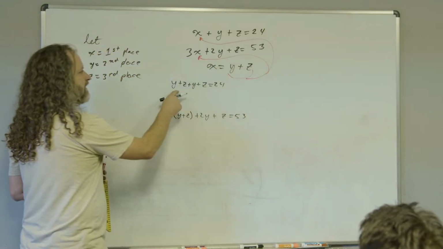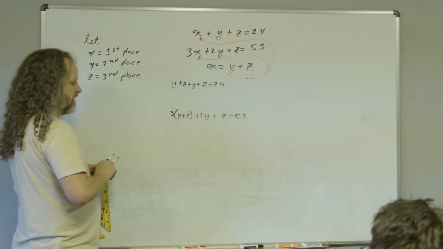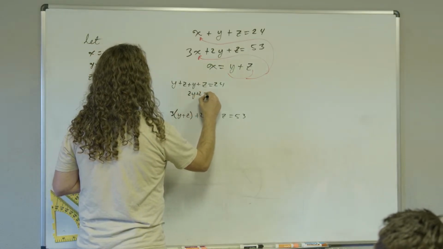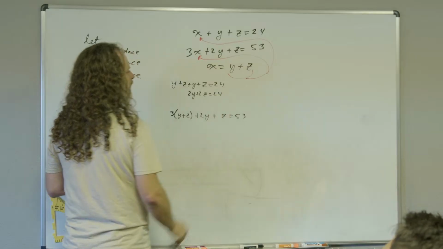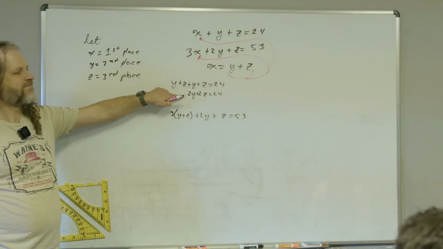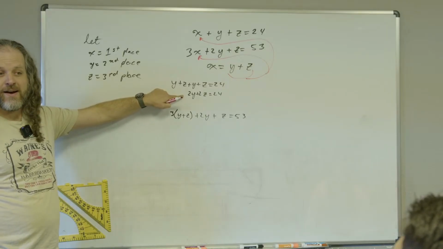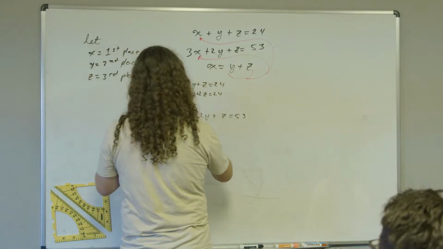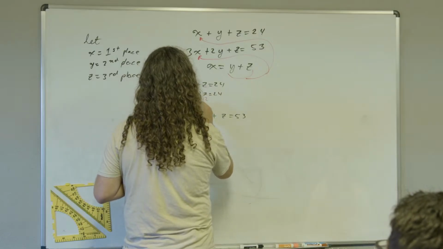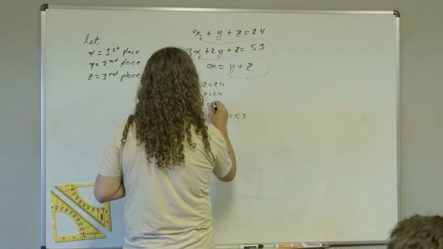What do we do up here? 2y plus 2z, because you're combining like terms. 2y plus 2z equals 24. What else can we do to make this one even simpler? Divide everything by 2 and you get y plus z equals 12.